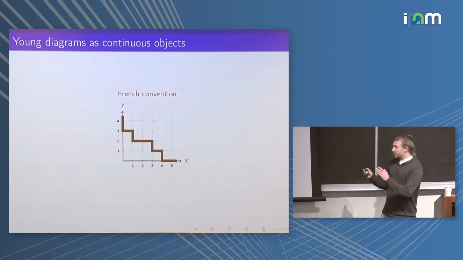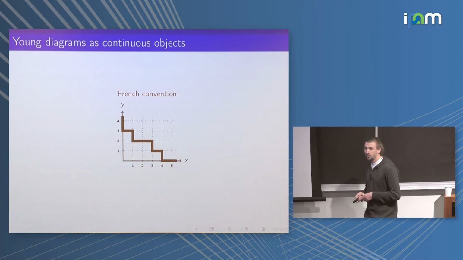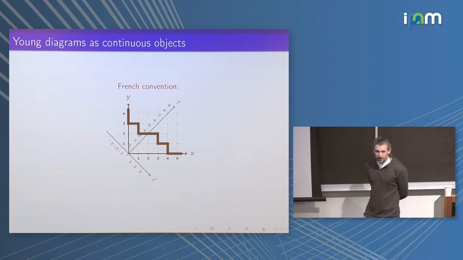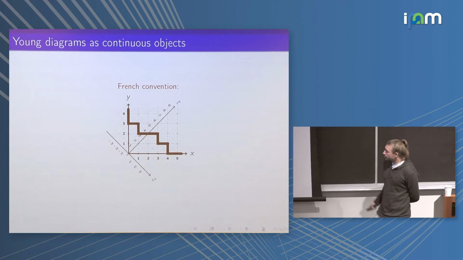And another concept that you already saw on this simulation with random Young diagrams is that I started drawing my Young diagrams using the French convention, which is very convenient for doing combinatorics. But if you want to do asymptotics, then it's actually a bit better to introduce a new coordinate system.